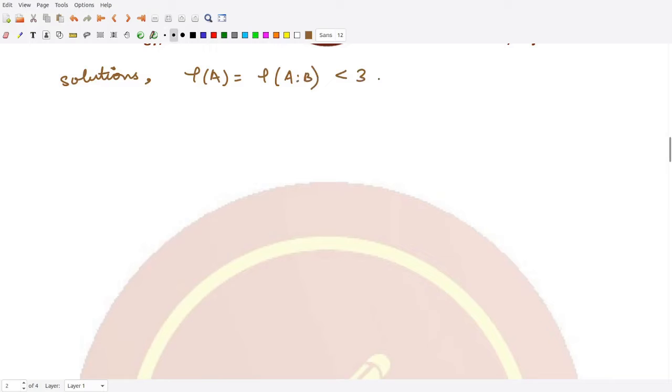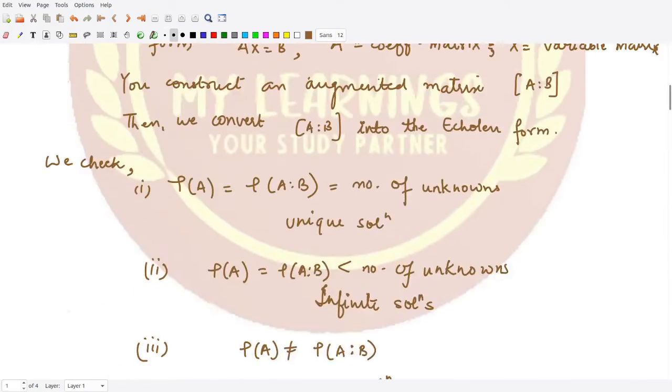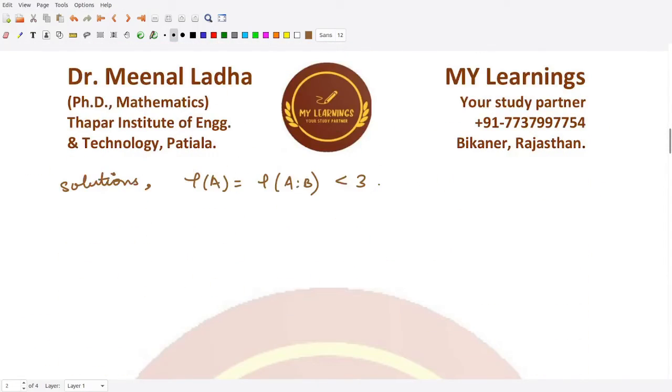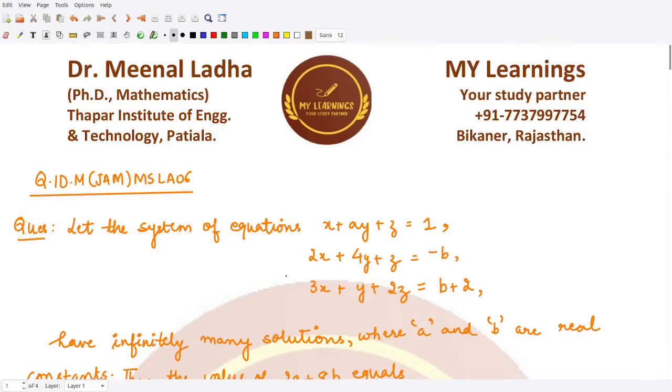So let's first construct the corresponding matrix form of our given equations. For the first equation we have 1, A, 1 and 1 as the elements. The next row is 2, 4, 1 and minus B. We are just writing the coefficients of the given equations.